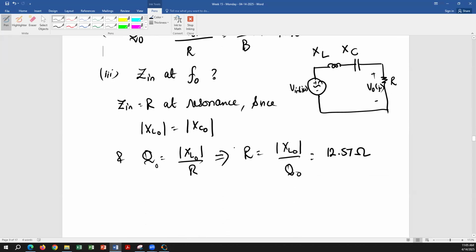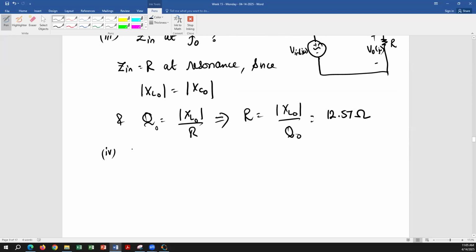All right, the fourth part is upper and lower cutoff. Now let's calculate both exact and approximate upper and lower cutoff frequencies. So first, the exact cutoff frequencies.